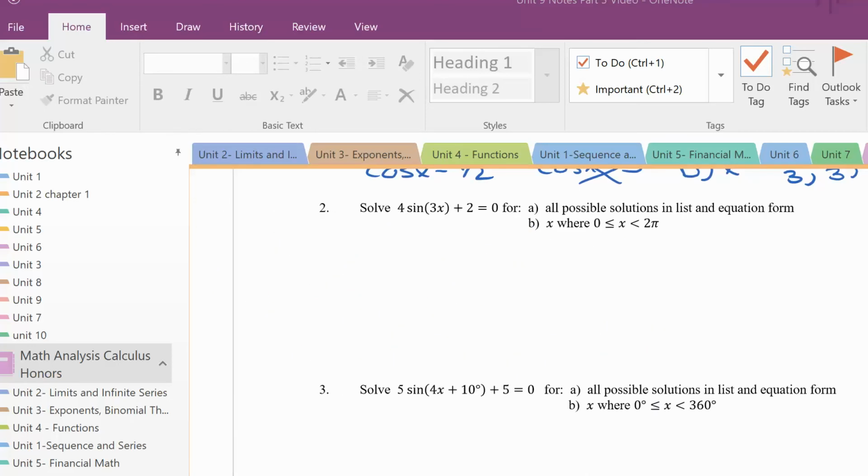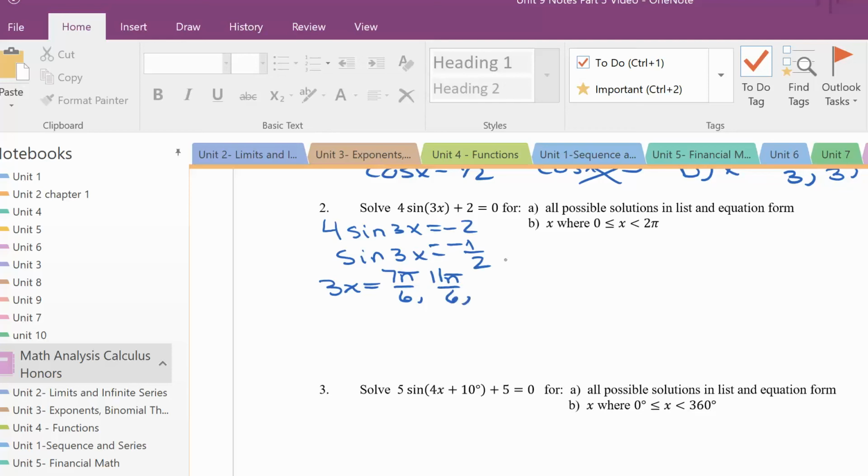All right, for the next one, here we simplify the equation. 4 sine 3x equals negative 2. So the sine of 3x is equal to negative 1/2. So 3x is equal to, and then negative 1/2 for the sine would be 7 pi over 6, 11 pi over 6.